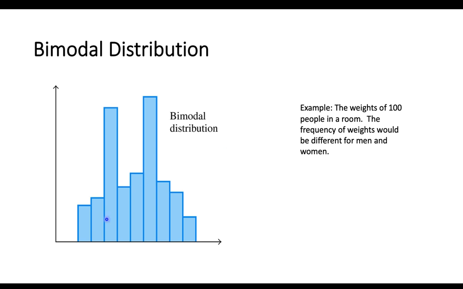Most women might have a weight here, whatever that would be, 140 pounds or whatever. And then over here, it would be higher for men. So there's an example. You could talk about heights or weights, and you would expect that to be different for men and women.